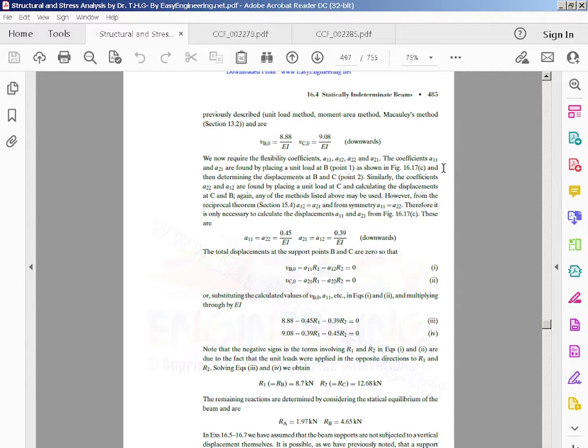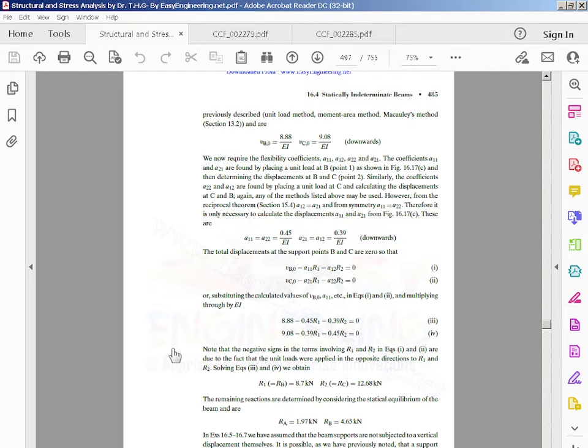So the coefficients A11 and A21 are found by placing a unit load at B, as shown in figure 16.17c, and then determining the displacements at B and C. Similarly, the coefficients A22 and A12 are found by placing a unit load at C and calculating the displacements at C and B. Again, any one of the methods listed above may be used. So there is another way.